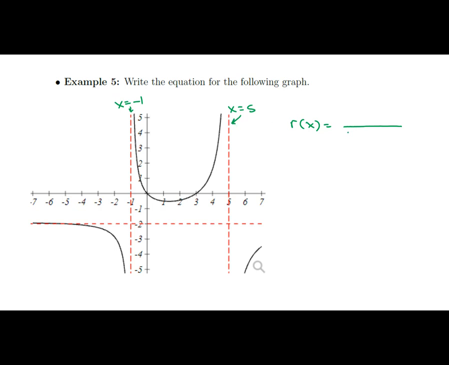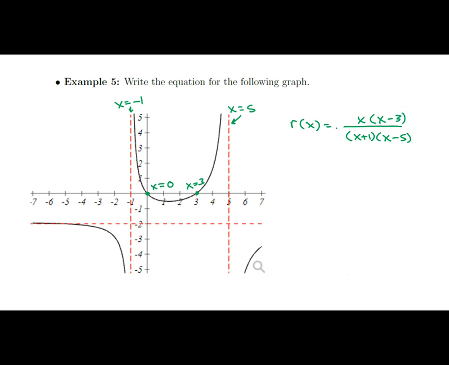So that would have to mean that x plus 1 and x minus 5 are factors in the denominator of this function. We can also see that we have zeros here and here, so x equals 3 and x equals 0. So that tells me that I have factors of x and x minus 3 on top.